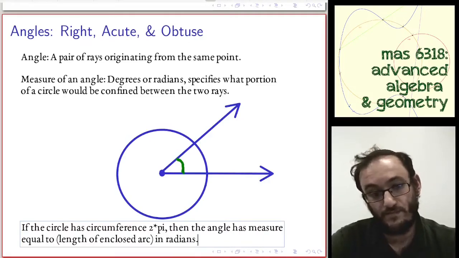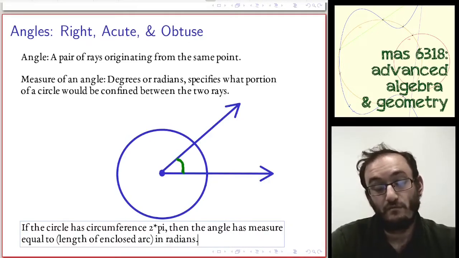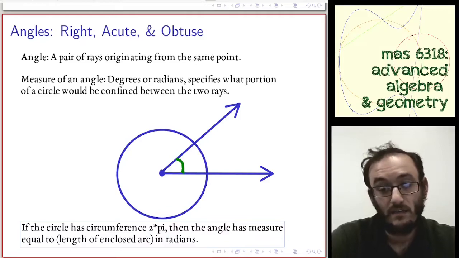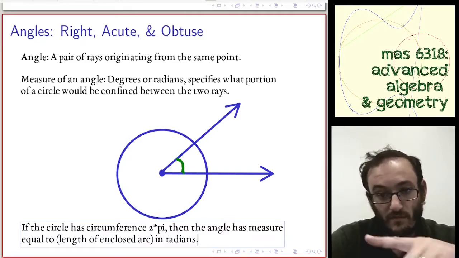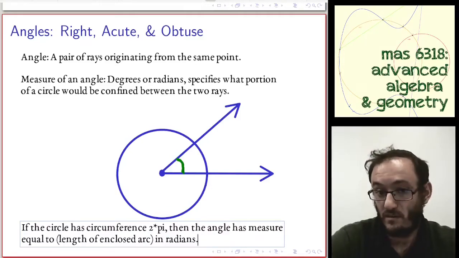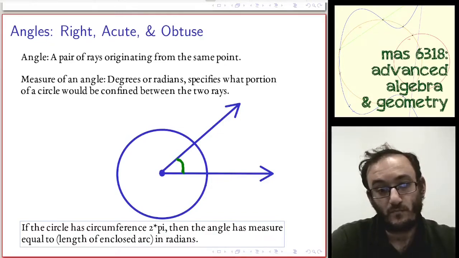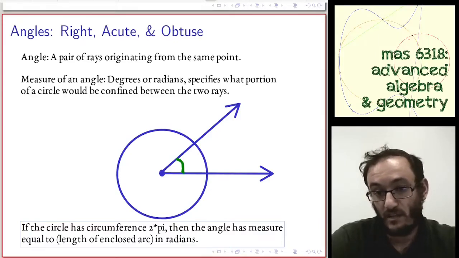in radians. Okay, so if you have the whole circle in your angle, that would mean an angle of size 2 pi. If you have half the circle, that would enclose a semicircle, so that would be pi, and that would tell you that your angle has pi radians.